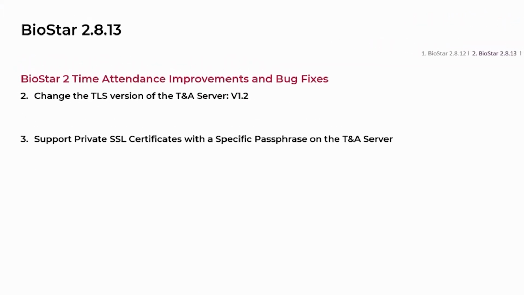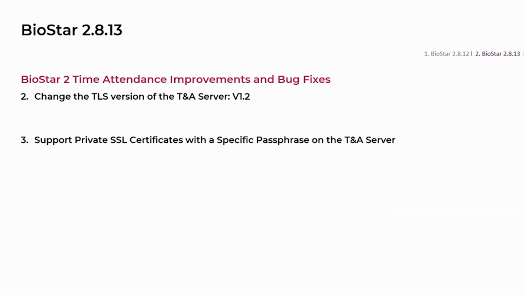Next, the TLS version for the BioStar 2 time attendance server was updated to 1.2. For your information, the TLS version of the AC server has been upgraded from the previous version. The last key feature in BioStar 2.8.13 is an enhancement for using private SSL certificates.